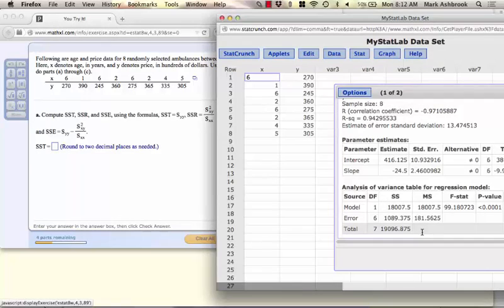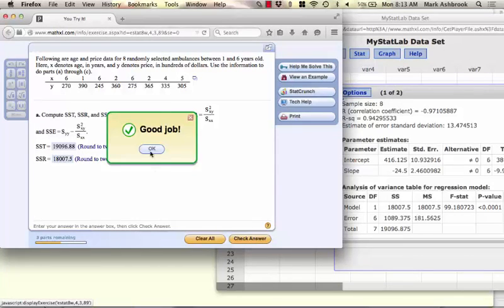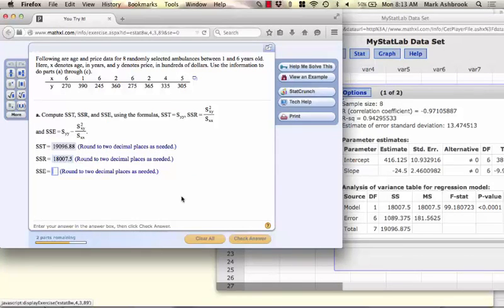Round to 2 decimal places, 19096.88. SSR, due to the regression or due to the model, 18,007.5. And then due to the error, SSE, 1089.38.